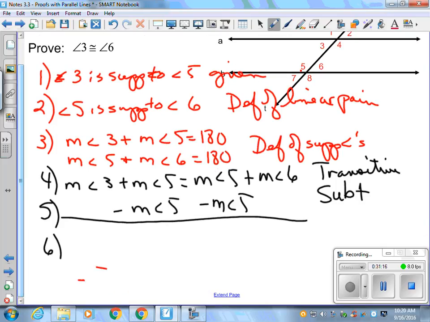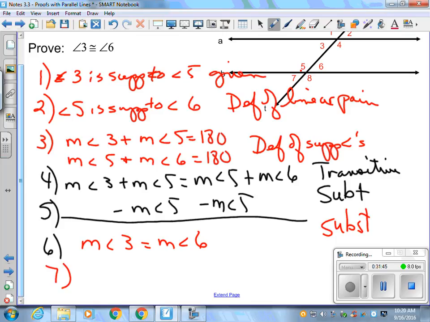Whoop. Throw the marker around. The measure of angle 3 equals the measure of angle 6. Everybody agree? Okay. Substitution. Bobby, this isn't what you think of as substitution because I didn't really change much, but I dropped out the stuff I didn't need anymore.